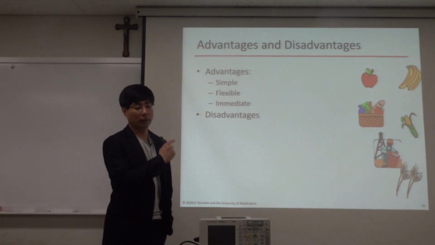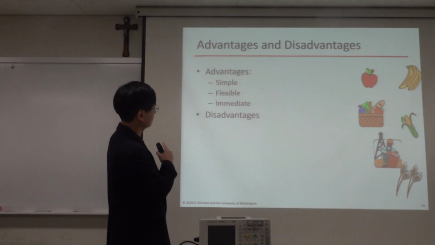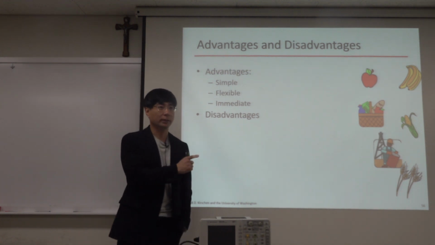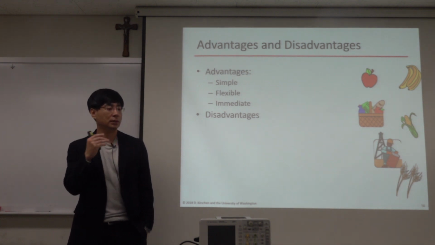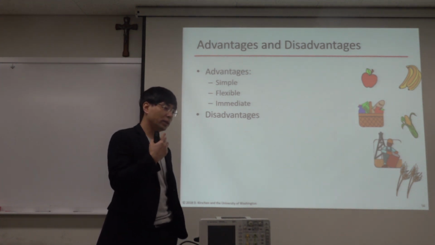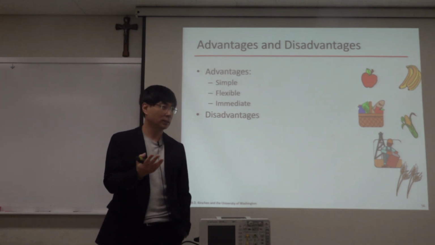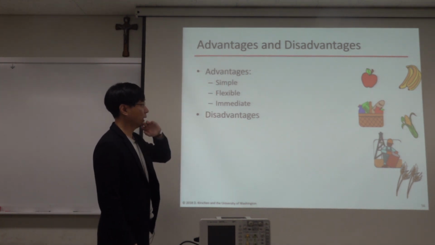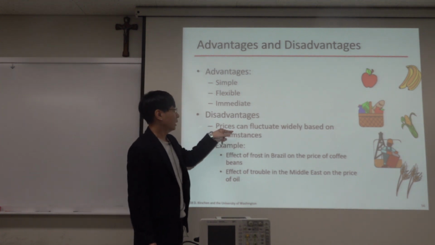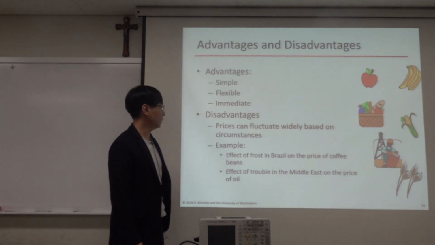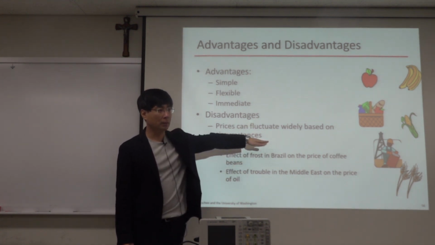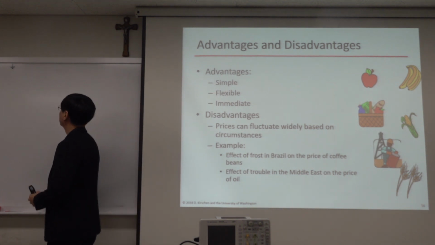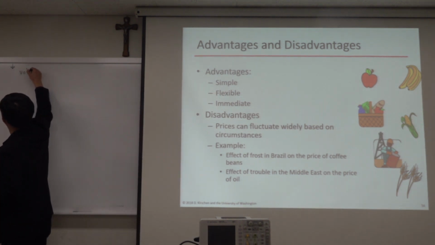Disadvantages. What do you think the most serious problem of spot market is, the disadvantages? This is risky. No, we are talking about how to reduce the risk. Okay, the spot market is risky in the sense that prices can fluctuate widely based on circumstances, supply and demand. So we are saying volatile.